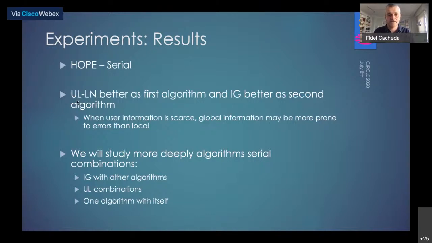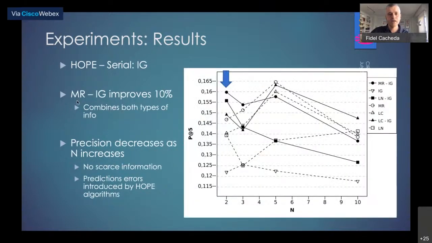Okay, so here we can see the item global. Sorry, I have to move this. The item global, you can see that this is the best result that we achieved for n equal to 2. And this is the combination of most rated and item global. We are able to improve 10% the best baseline for the profile expansion, and we are combining both types of information.